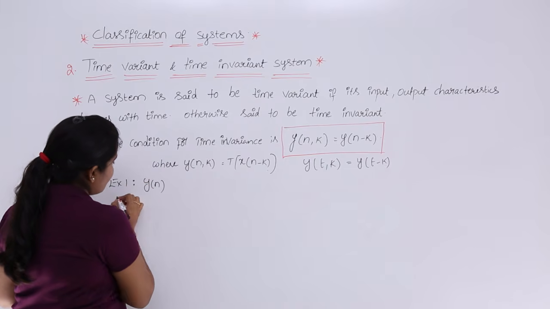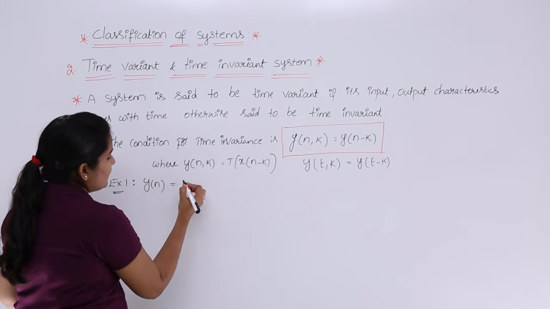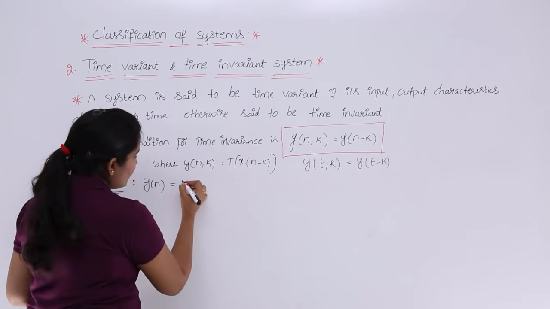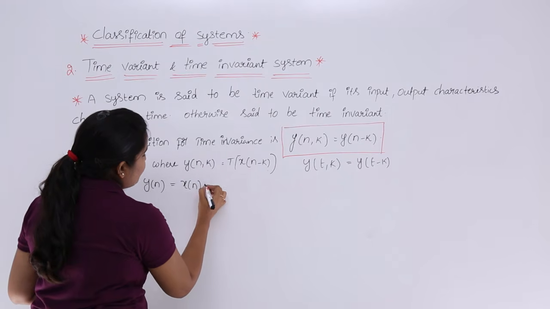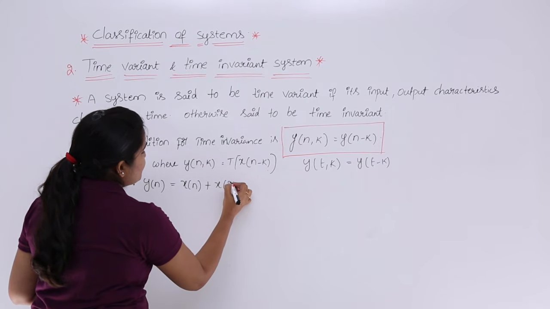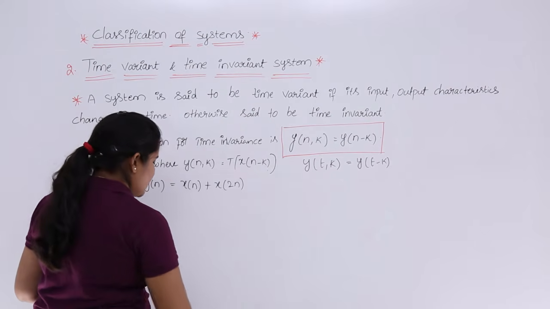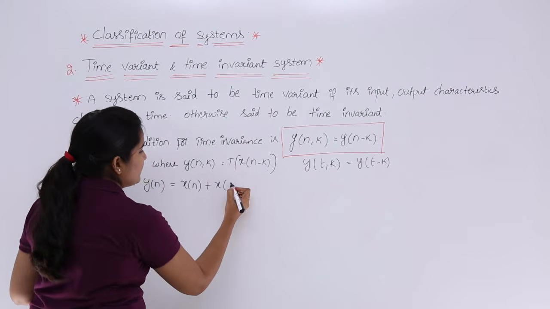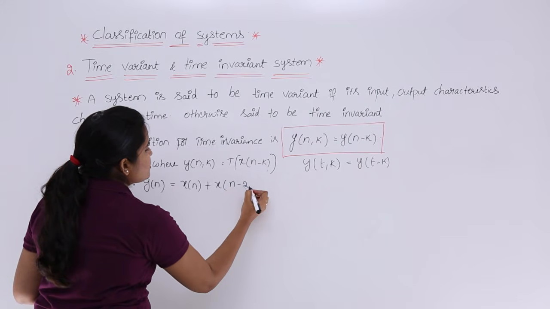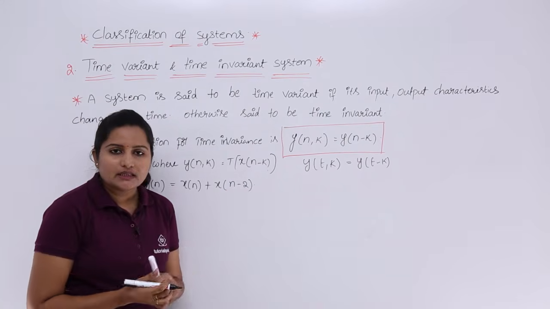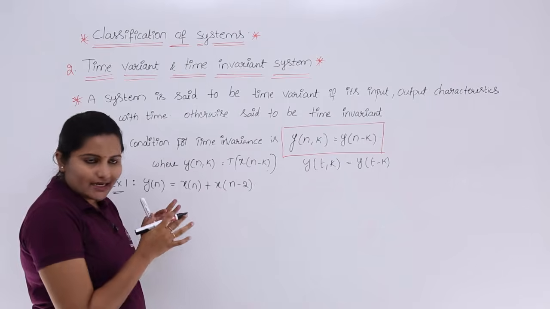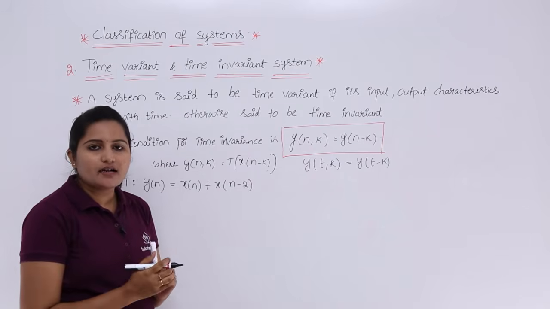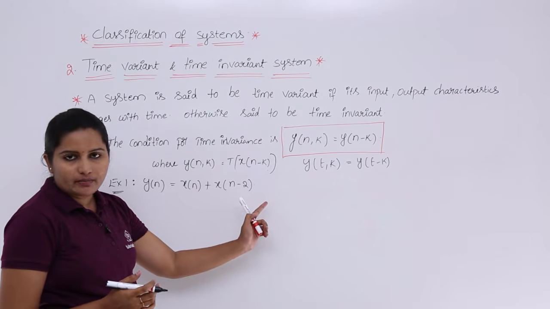I am going to consider y of n equal to x of n plus x of n minus 2. This is a system with response y of n equal to x of n plus x of n minus 2.